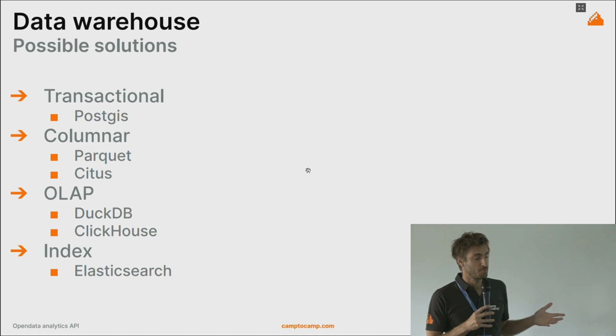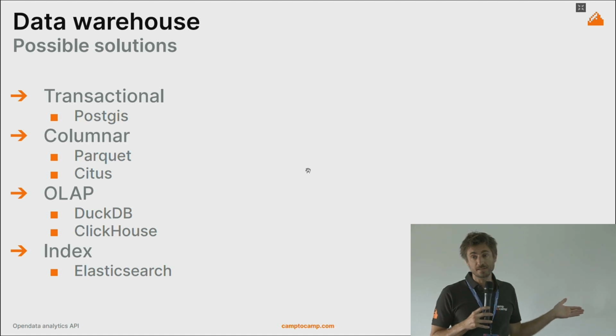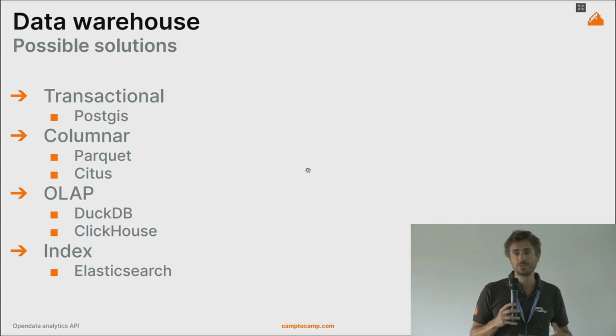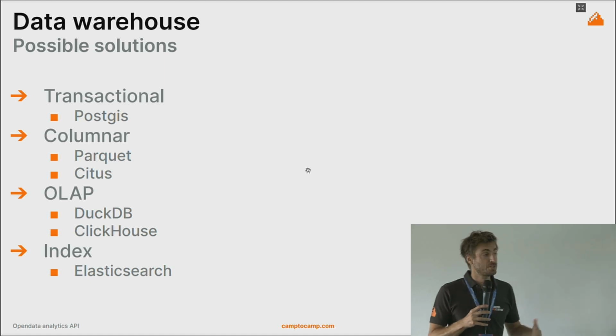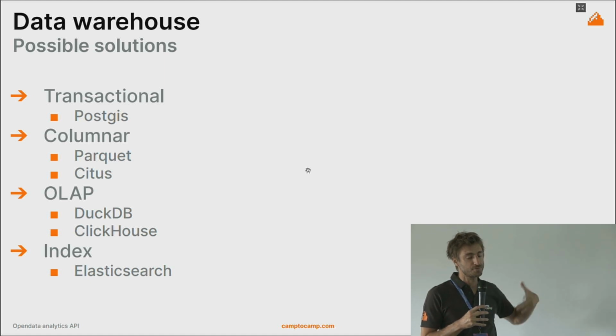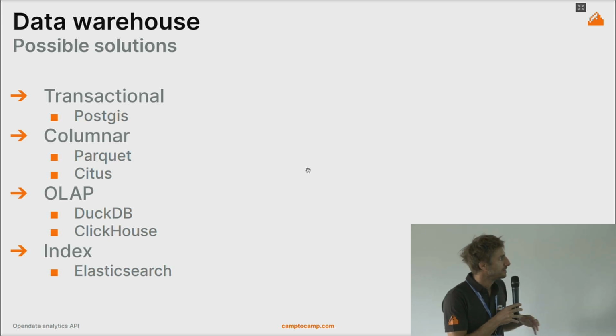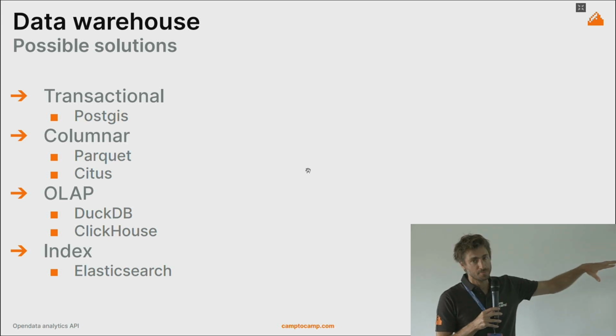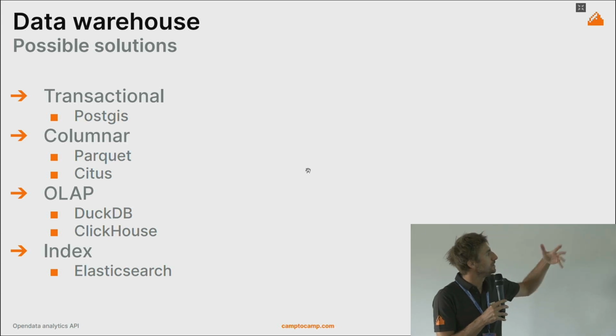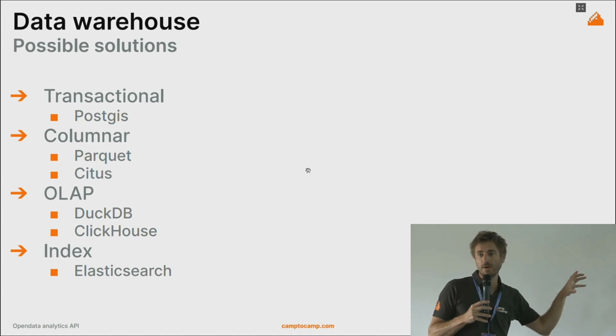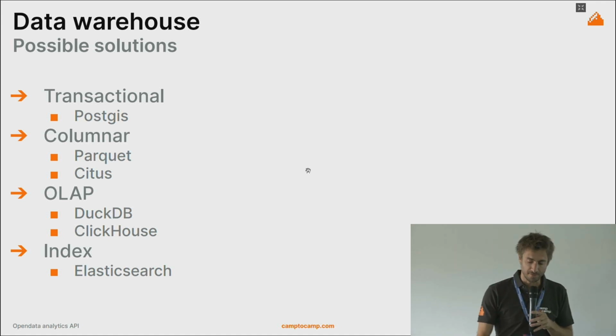And there is another option, which is an index like Elasticsearch, which is already in GeoNetwork and which addresses all the use cases. So we have to identify what will be the best solution. And in the end, it's the same as the API: we need an abstraction, and we need to be able to plug in any kind of warehouse that we would like to have.